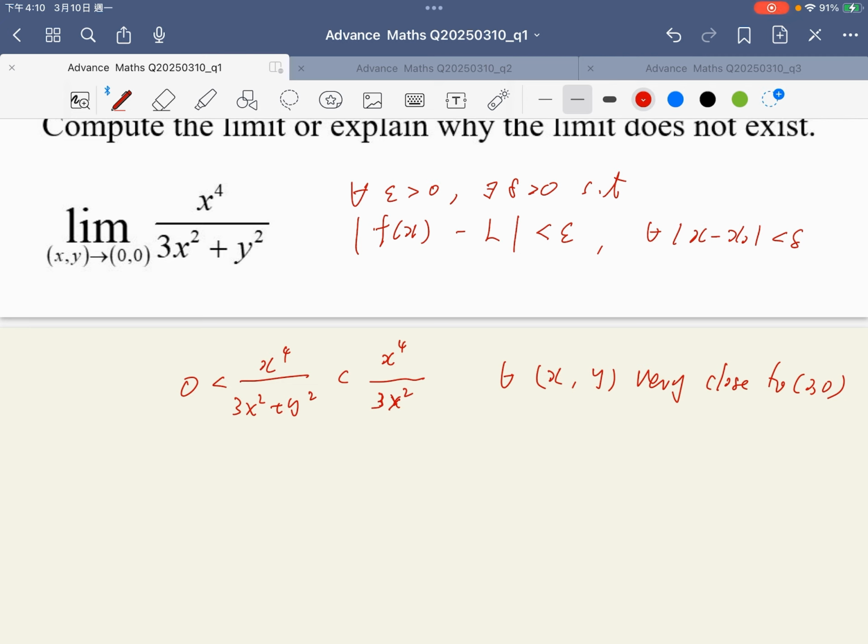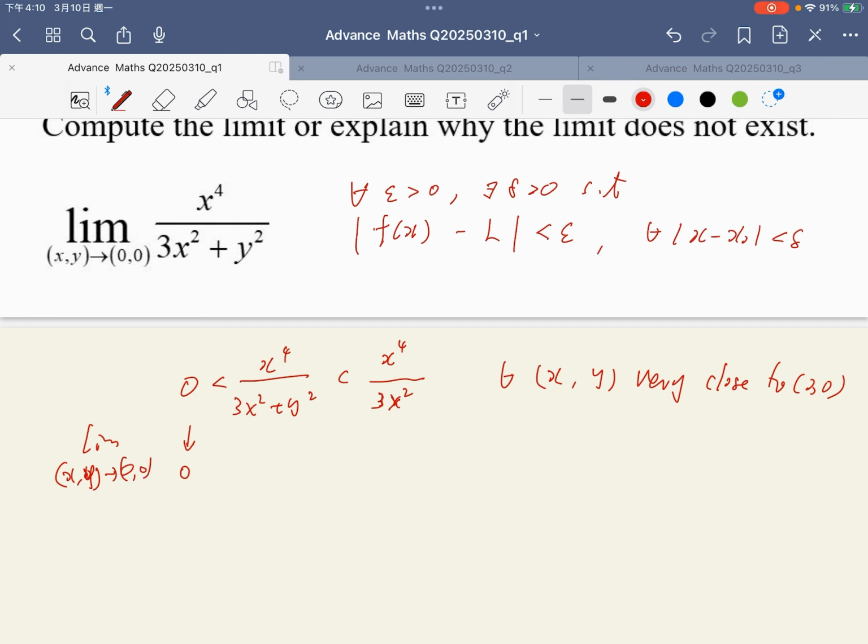Then take the limit on both sides. By the sandwich theorem, as x, y tend to 0, x tends to 0 also.